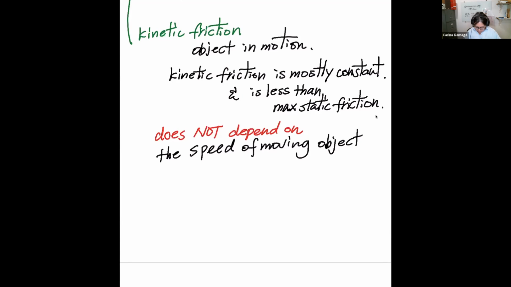How about if you change the contact area? Let's say rather than putting the object like this on the surface, just put it like this. If we decrease the contact area of the two surfaces, do you think it changes the friction force?